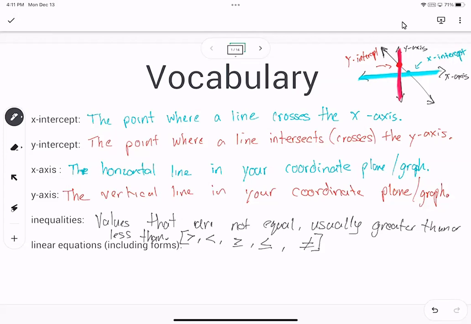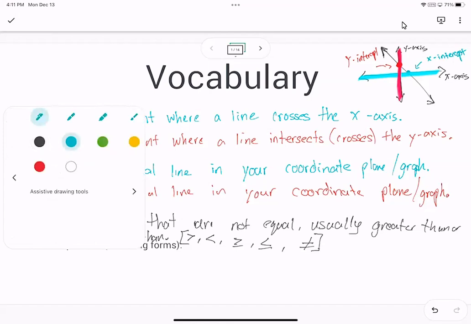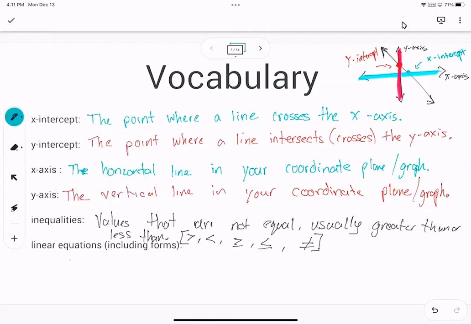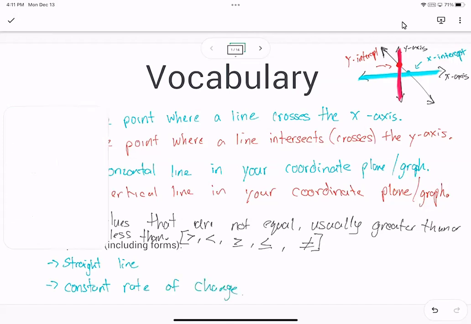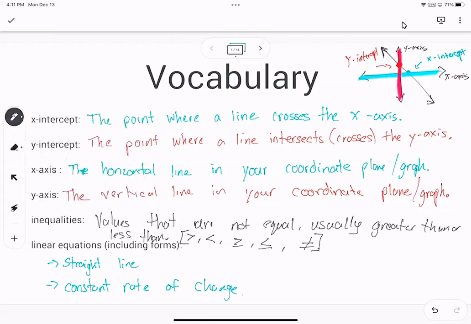And then we have linear equations, which include forms. So we talked in class today that linear equations typically represent a straight line. They have a constant rate of change. And two forms we've seen them in, we have our slope intercept form.